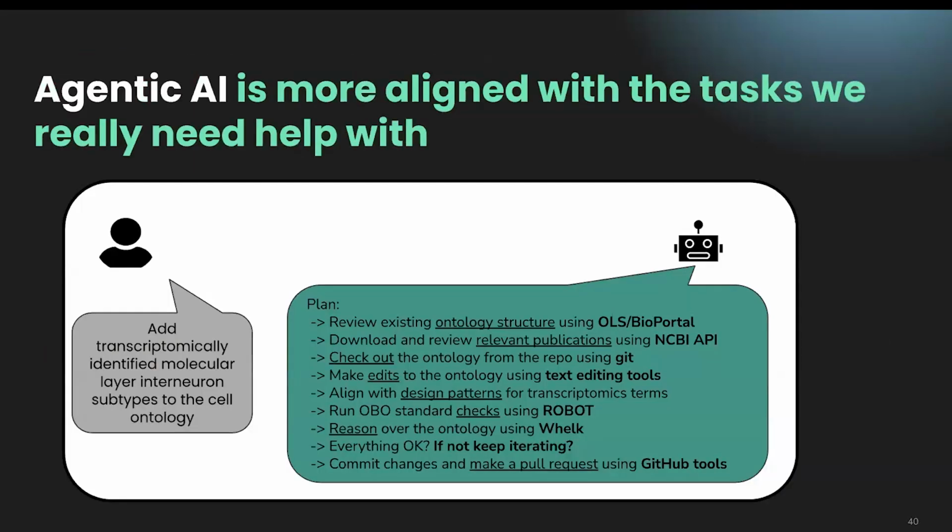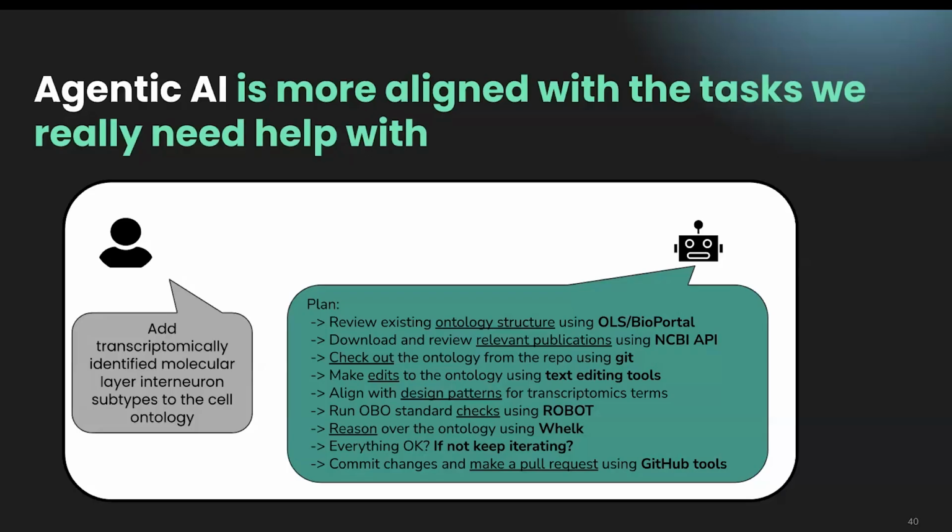And Agentic AI is much more aligned with the kinds of tasks that we need help with. The basic idea here is that you can give it some quite open-ended questions, sometimes very open-ended questions, and rather than giving you the answer in one shot, plucking it from its own internal knowledge base, an agent will typically take your question and break it down into a plan of action, and each of those plans might have steps that involve making use of tools.